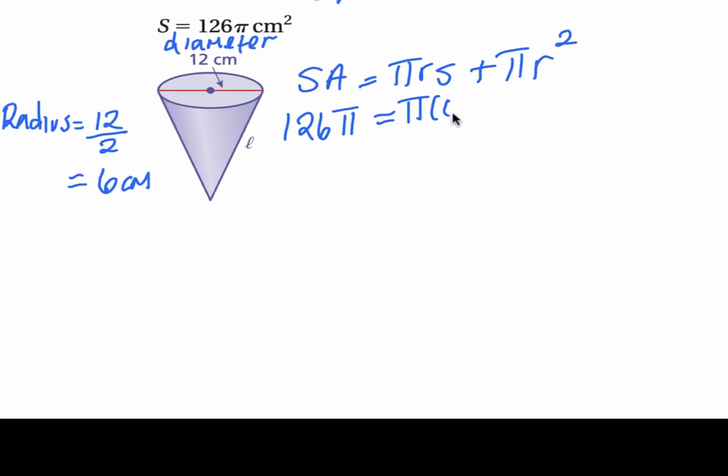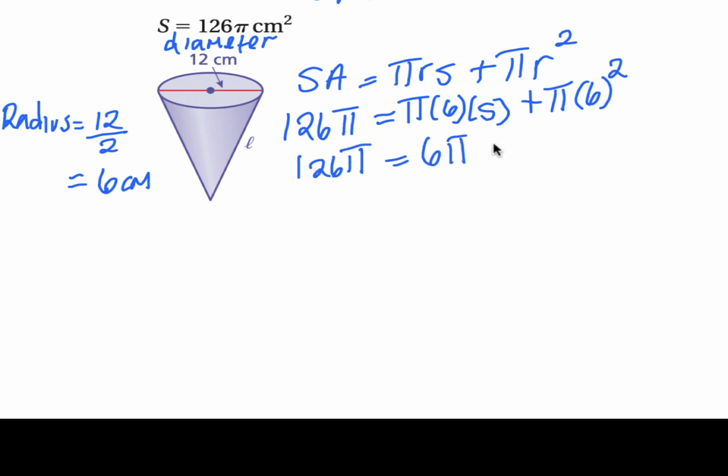So this will be 6. We don't know what our slanted height is, so it's going to stay S, plus, keeping pi as the symbol, and our radius is 6 squared. So I have 126 pi equals 6 pi S plus 6 squared, which is 36 pi.